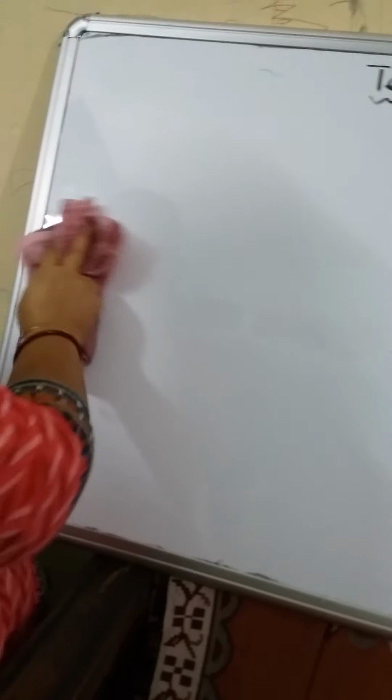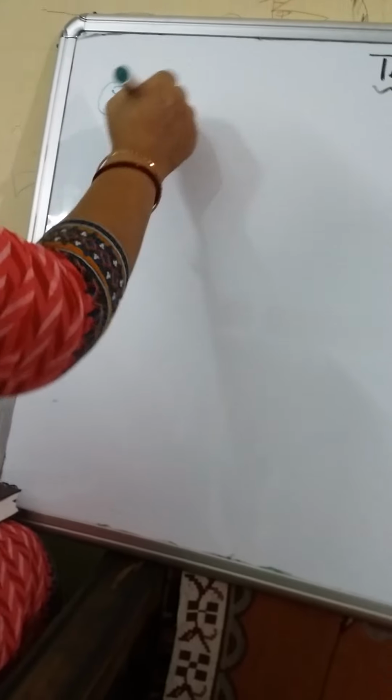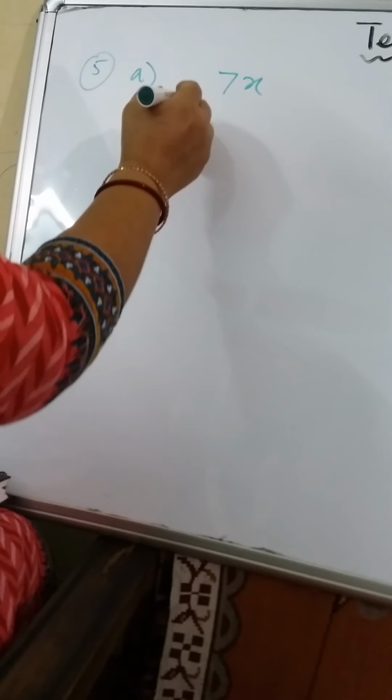The question is, the sum of 4 consecutive multiples of 7 is 70. Find these multiples. As they are multiples of 7, the first multiple we consider as 7x. The next multiple will be 7x plus 7.